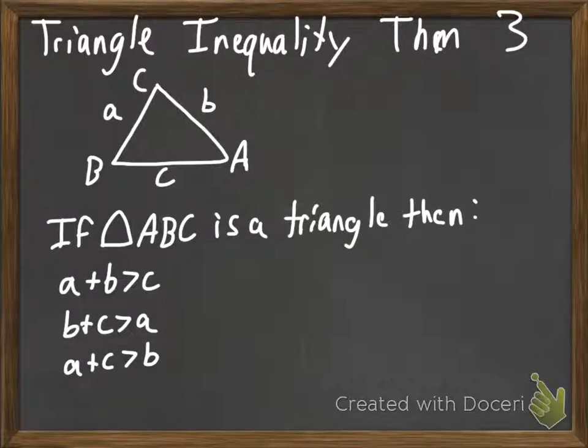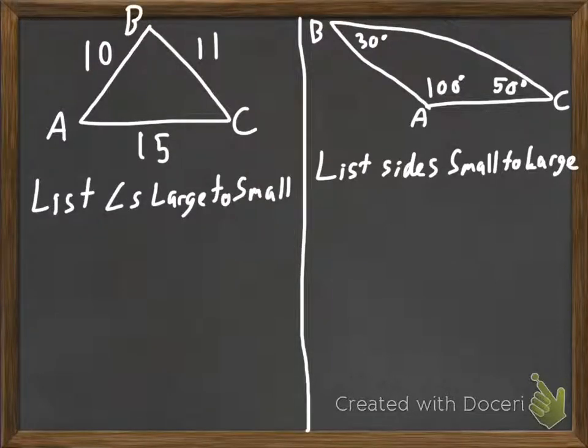So let's try to do some examples with these theorems. For these first 2, I want you to list what's being asked, so pause the video with your group and figure this out now, please.